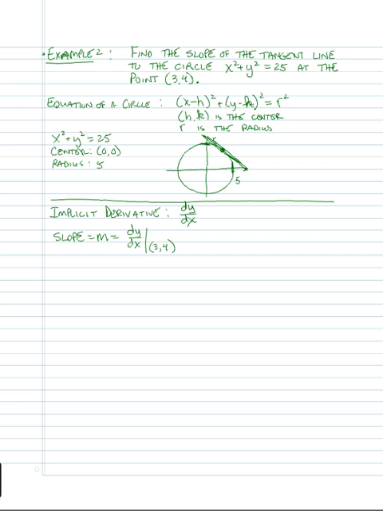That's the reason I've written it in this fashion. That straight vertical line means evaluate it at, and here we're going to evaluate it at the point 3, 4. So we need now to calculate the derivative of y with respect to x, and we're going to have to do it implicitly.